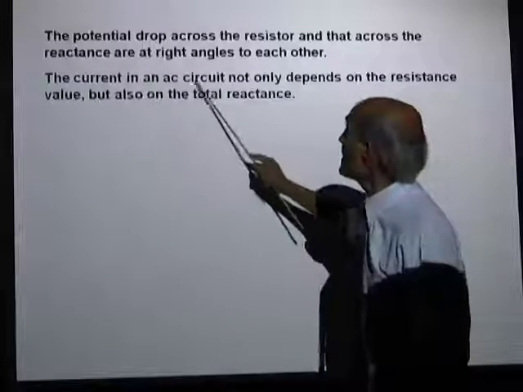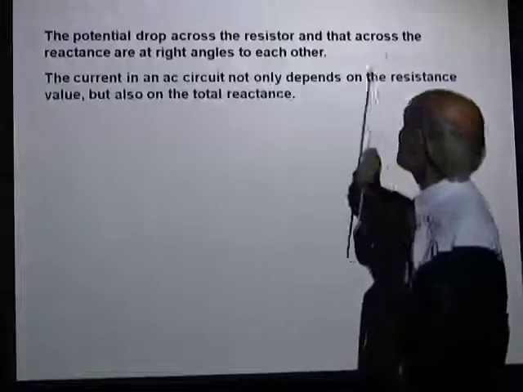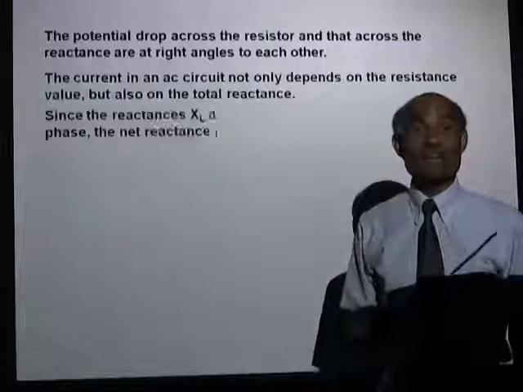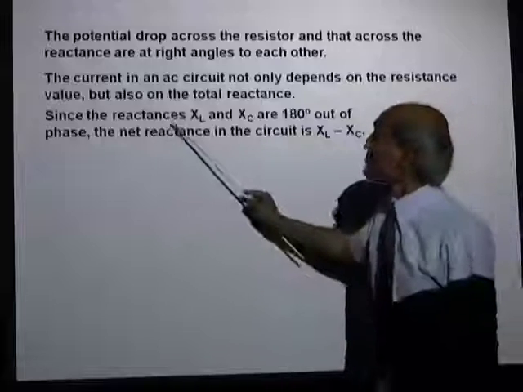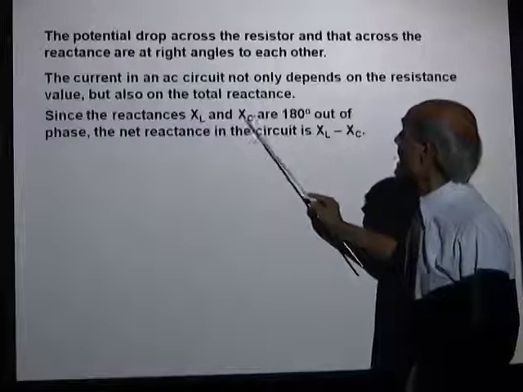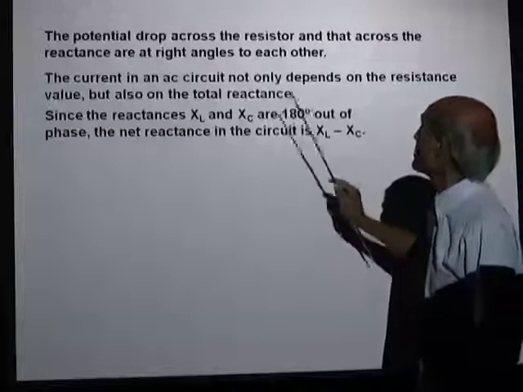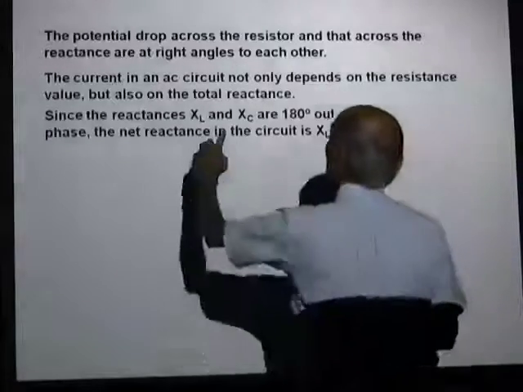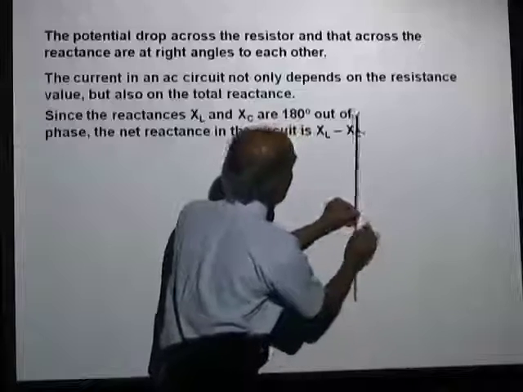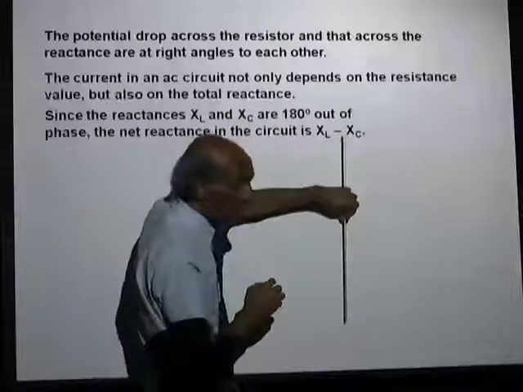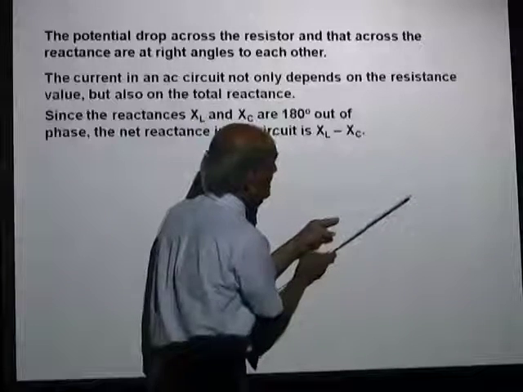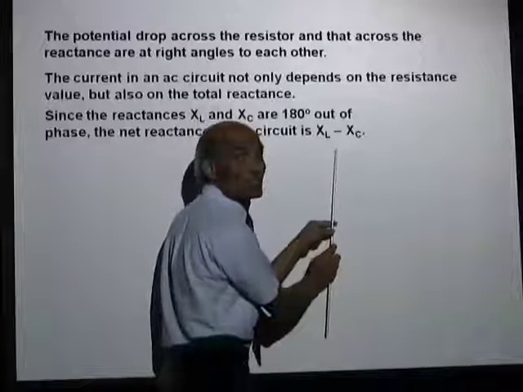The current in an AC circuit not only depends on the resistance value but also on the reactance. Since the reactances XL and XC are 180 degrees out of phase, you see, if XL is upward, then XC will be downward. Because in a capacitor, the current leads by 90 degrees.